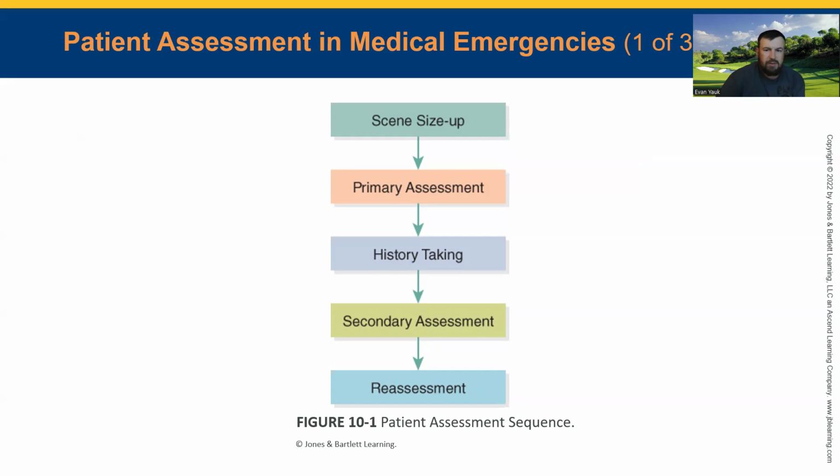And then we're going to get some history using that SAMPLE or OPQRST that we've talked about. Once again, I have separate videos on my YouTube channel that talk only about history taking, or only about scene size up, only about primary assessment. So we can break those down and learn them in sections instead of just trying to do it all at once. You then move on to your secondary assessment.